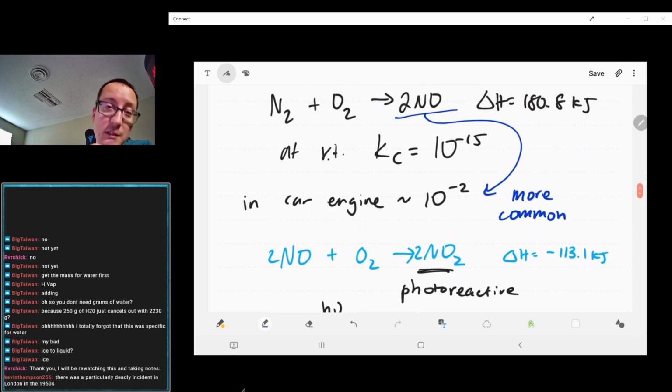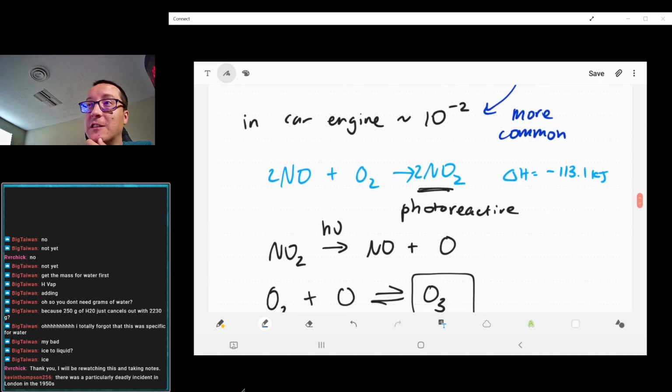Technically, the NO is also an intermediate here. I lied, it's not a catalyst. But these intermediates are necessary for this kind of process to take place. If we're just looking at this one, actually, it's acting as a catalyst. It depends if we're looking at the entire set of reactions or not to determine if it's a catalyst or not. But suffice to say, bad thing. When we produce NO, it can act as a catalyst, producing oxygen radicals.